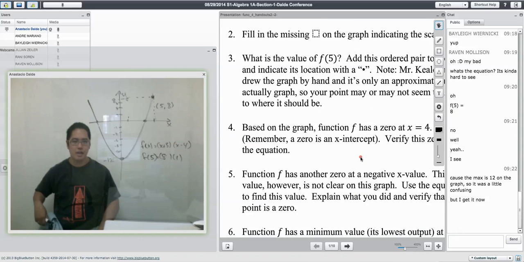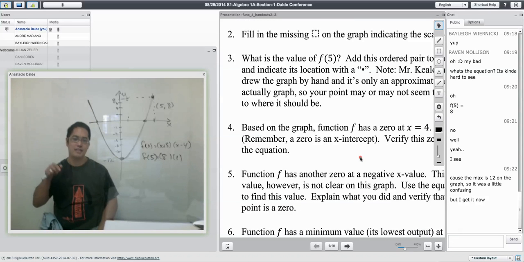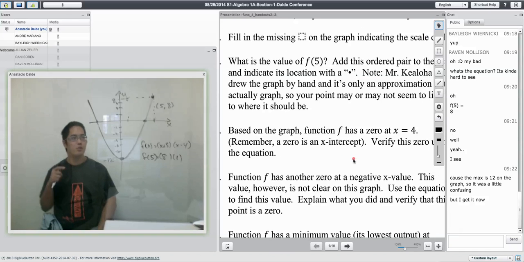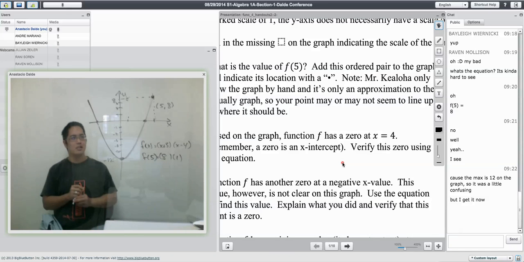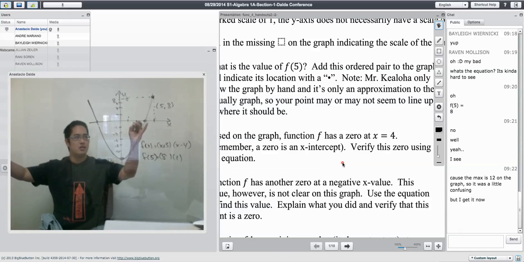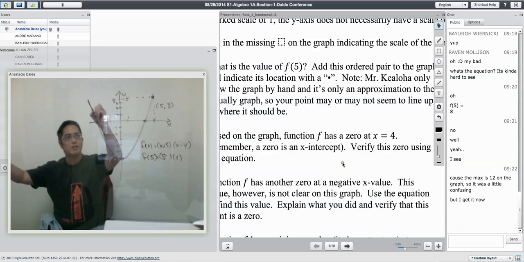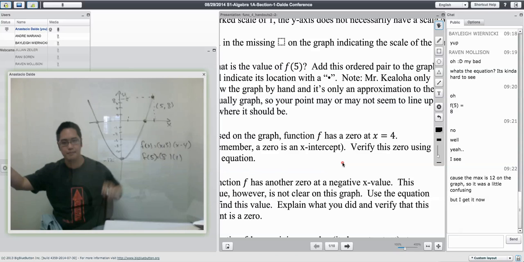Based on the graph, the function has a 0 at x equals 4. What we mean by a 0 is that the zeros of a parabola are where the graph crosses the x-axis. A zero is really another name for x-intercept. So let's verify that.